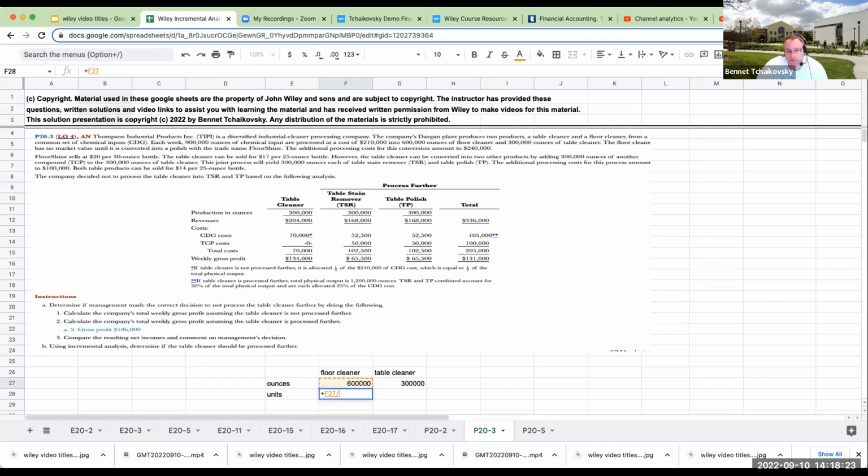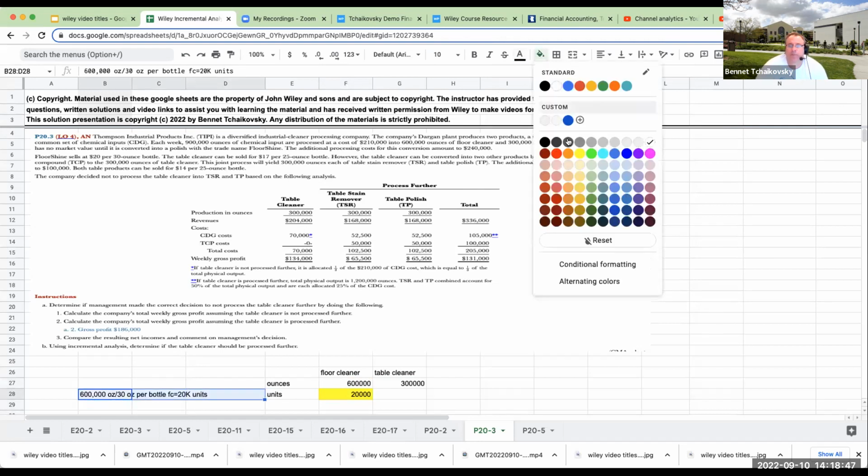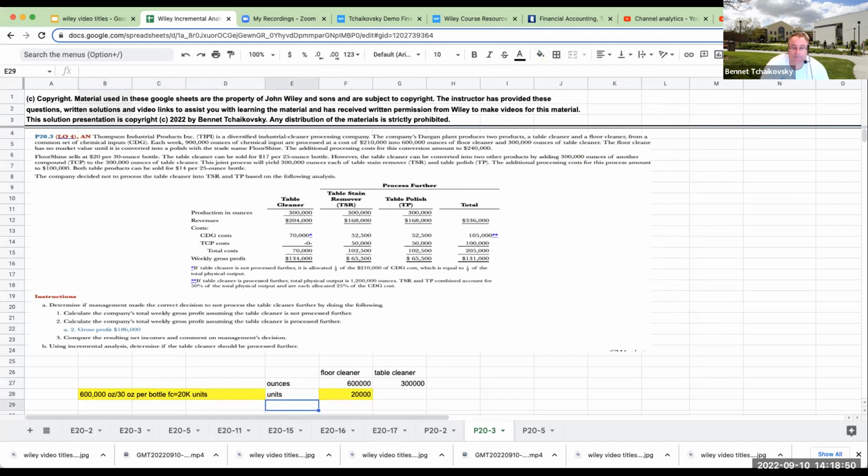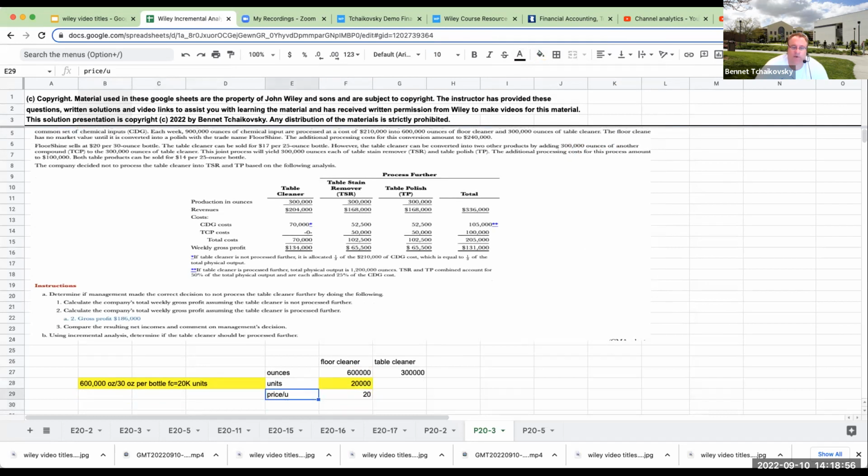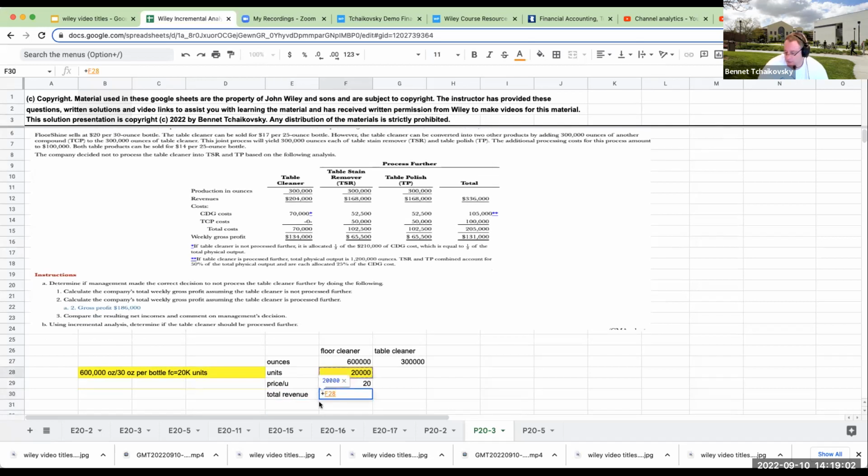So if I take 600,000 divided by 30, that's 20,000 units. That's where this number is coming from. Now the price per unit for the Floor Shine is $20. So my total revenues for the floor cleaner are going to be 20,000 times 20, or $400,000.